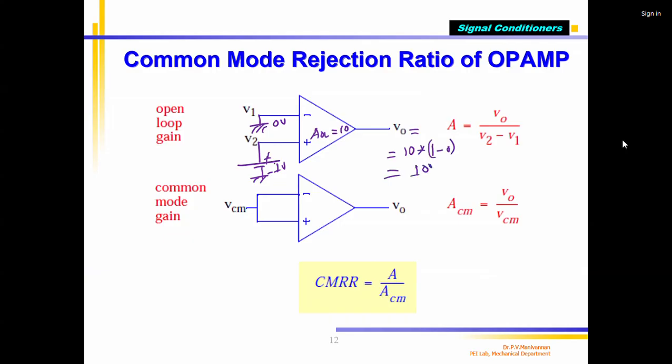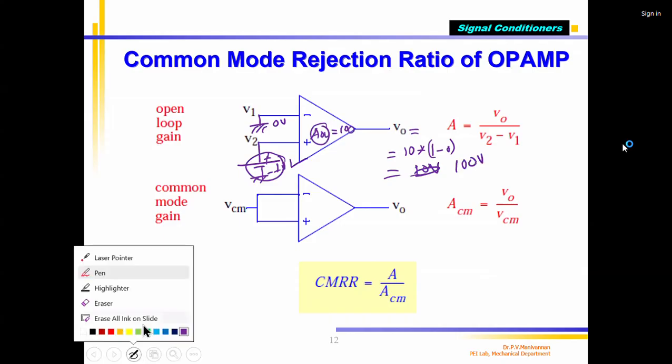I gave a positive voltage, the output is 10 volts, multiplied by 10 times. That's why the op-amp is called an amplifier. What does it amplify? The input voltage is amplified AOL times. For example, if I take an op-amp having AOL equal to 100, this will become 100 volts. That's it. If I give a positive voltage, the output will be positive.